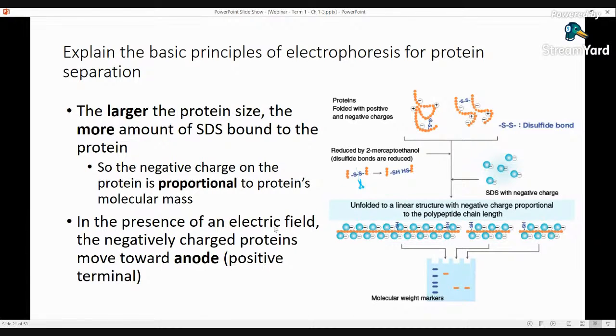Then, in the presence of an electric field. Since the protein is already negatively charged, students must remember to write that in the presence of an electric field, the negatively charged protein moves toward the anode, or you can write the positive terminal.